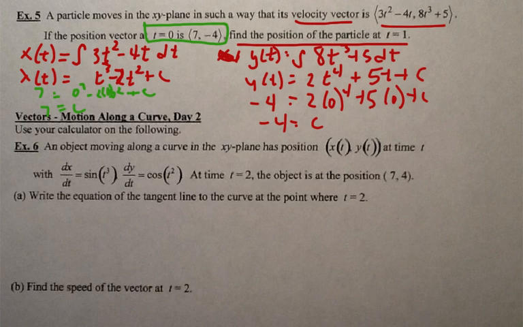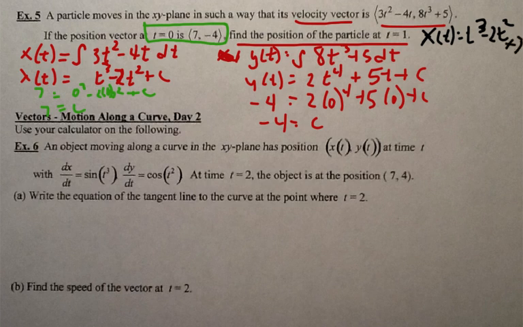So what am I actually trying to find here? The position of the particle at time t equals 1. So x of t equals t cubed minus 2t squared plus 7.